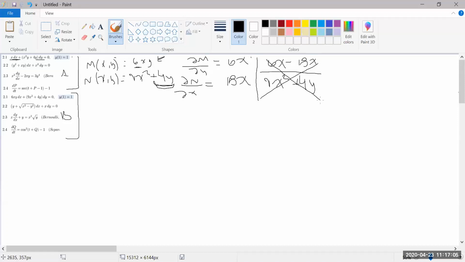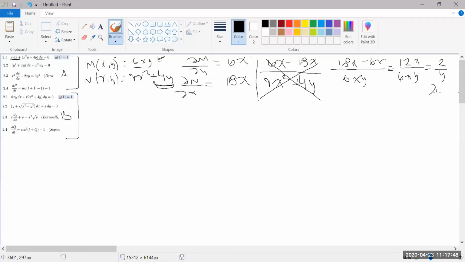When we use the other equation, we get 18x minus 6x divided by 6xy, which leaves us with 12x over 6xy, or 2 over y. As you can see, this will integrate as a natural logarithm. Very nice. It's a very nice thing to choose for our integrating factor because we don't have to deal with any nasty exponentials.